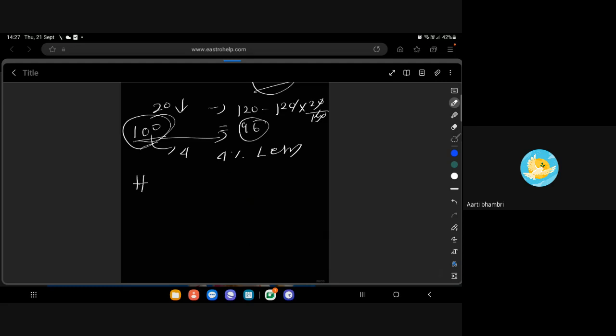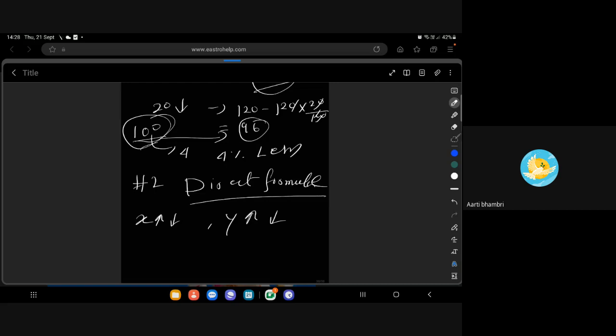Procedure number 2. Direct formula. Now if there is a successive increase and then there is a successive increase or decrease, anything, then the formula is common. Suppose first there is an x% increase or decrease, then again there is a y% increase or decrease.